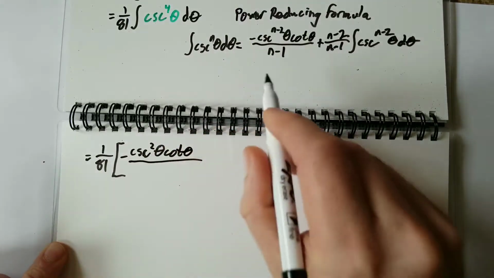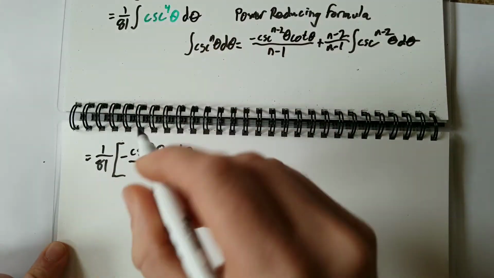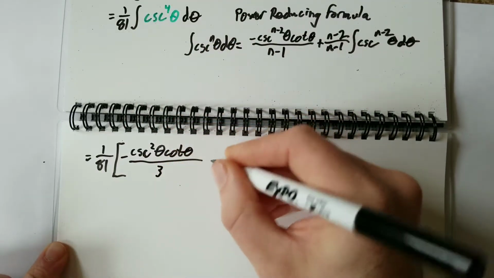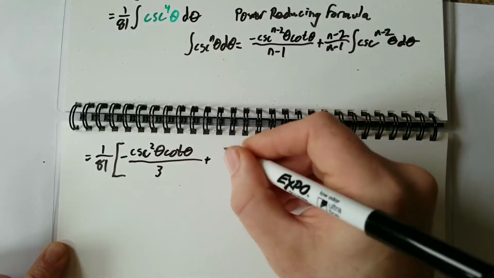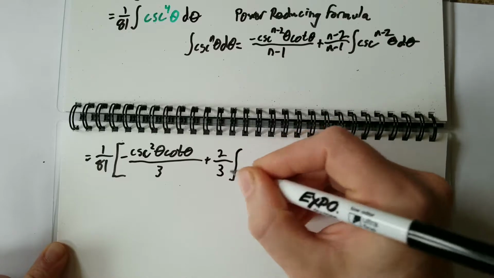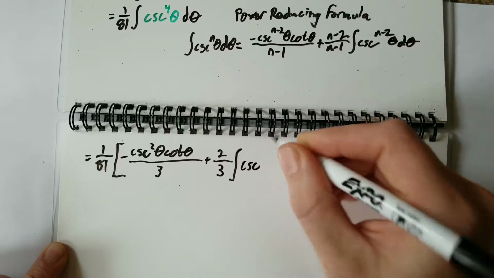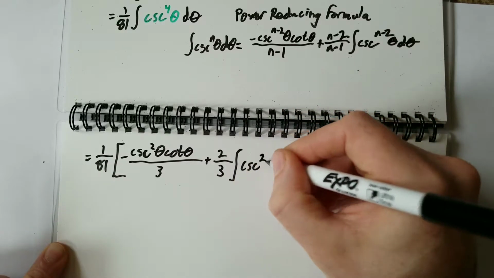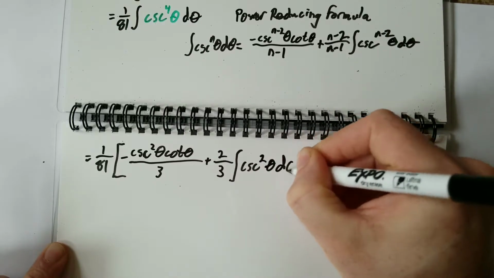That is going to be over n minus 1. Our n is 4, so that's going to be over 3. Plus n minus 2 is 2, over n minus 1 is 3, times the integral of cosecant n minus 2, which is squared theta d theta.